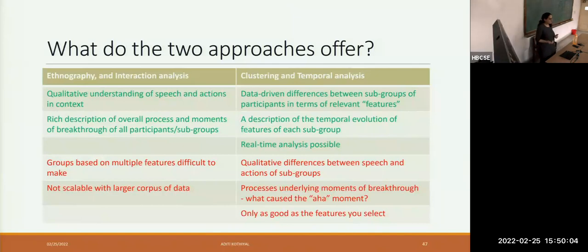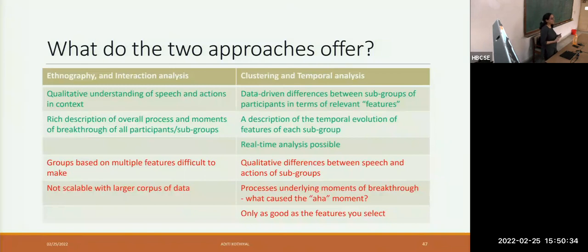What we don't have with the quantitative approaches is the qualitative side. Another problem is that it's only as good as the features that you select, and here you have to use some knowledge of the task itself to be able to use the right kind of features. For example, in our task, we know that it's the number of additions, deletions, looking at certain things and so on.